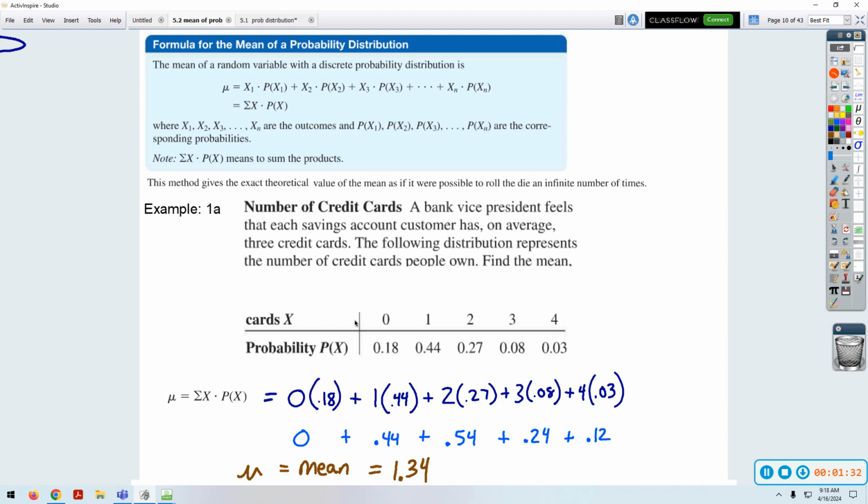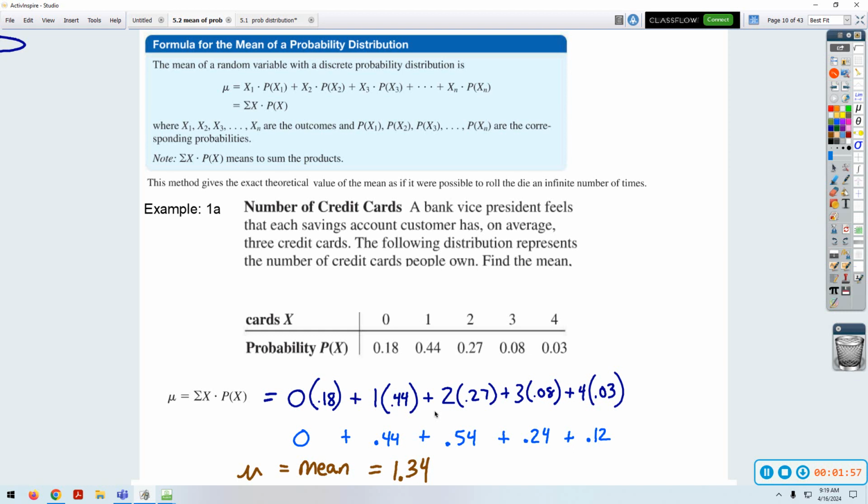So I'll just point out exactly what I did. I took each credit card. Some people have 0 credit cards. That's 18%, 0.18. Some people have 1 credit card. That's around 0.44, 44%. So basically what I did was I took every one of these x values and multiplied it by their individual probabilities, and at the end I added them all together, and it gets me a mean of 1.34.